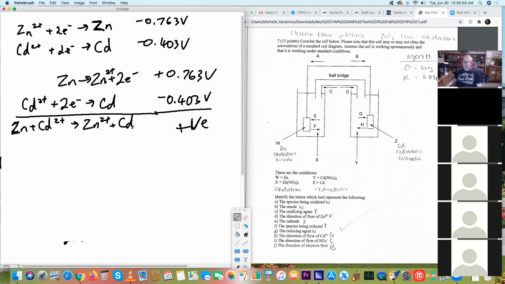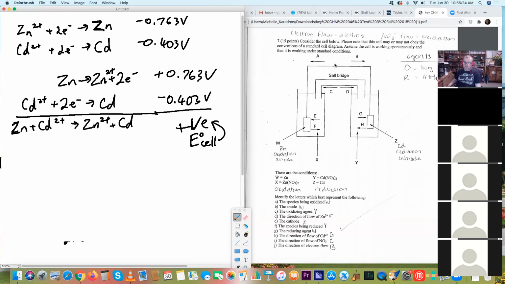The first step is to look at the two and figure out which one you have to flip, so that when you add them together, you get a positive value for what we call the E0 cell, which is the cell voltage. That's the actual voltage that would register on a voltmeter if it was in this wire.